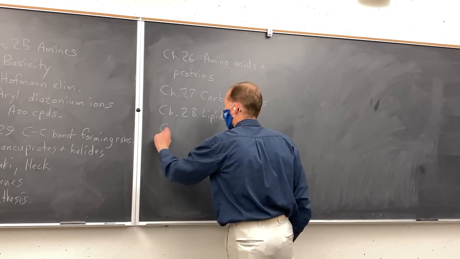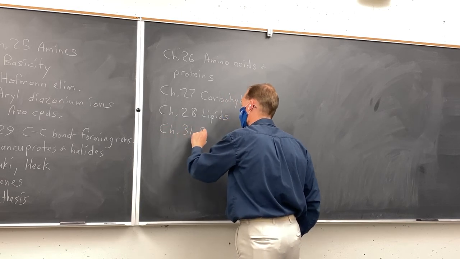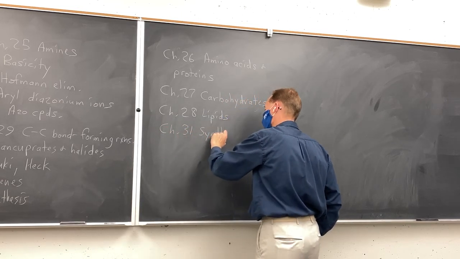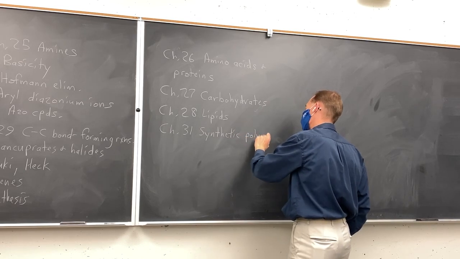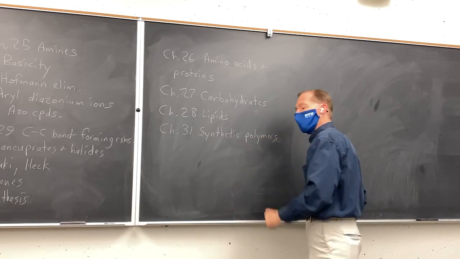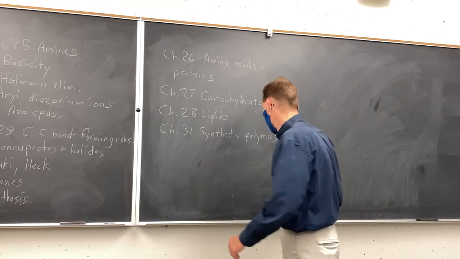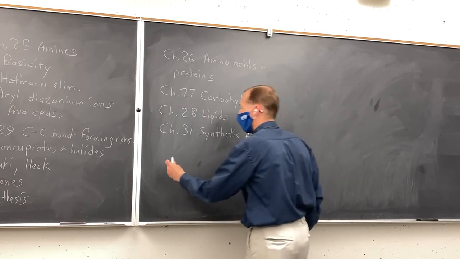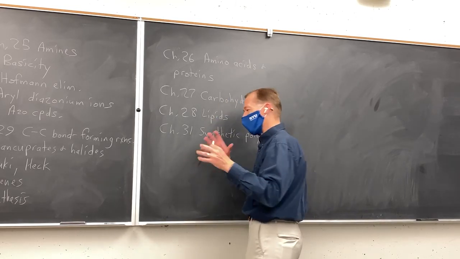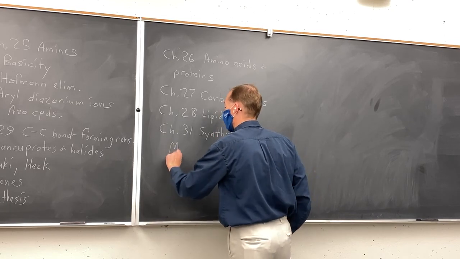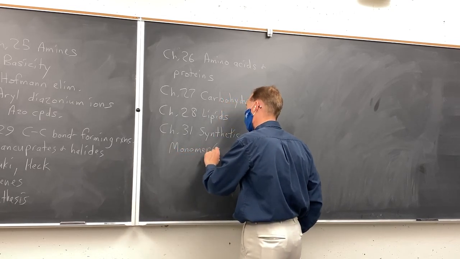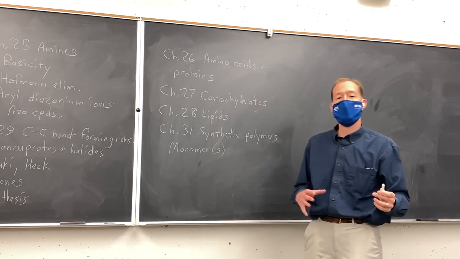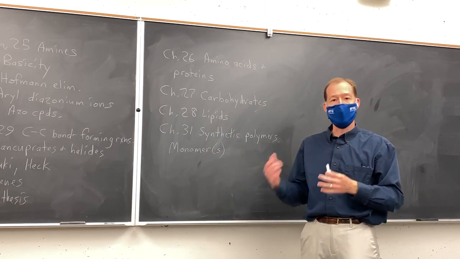And then chapter 31, synthetic polymers. Usually the key skills with synthetic polymers are being able to look at a repeating unit and recognize the monomer or monomers that were used to construct that polymer.